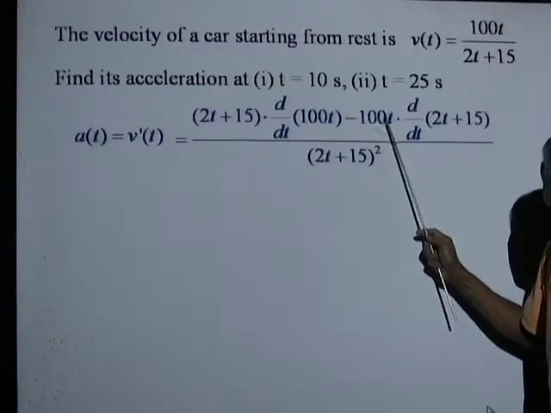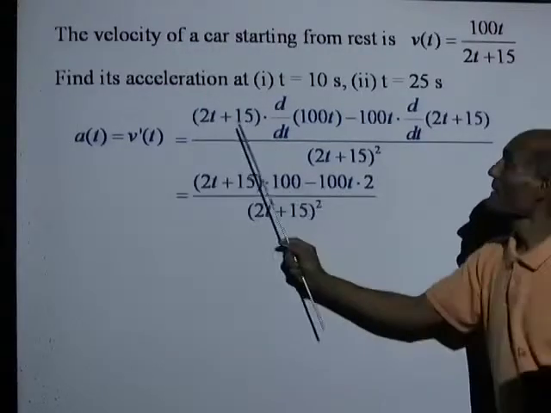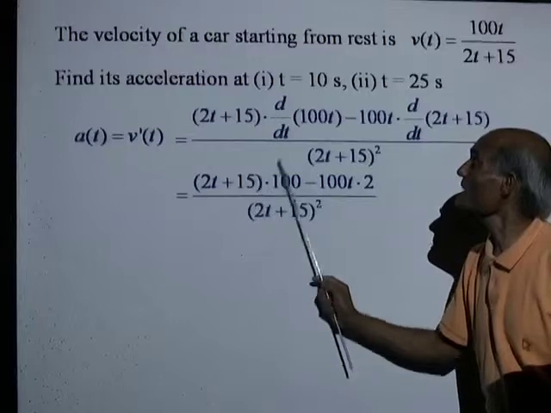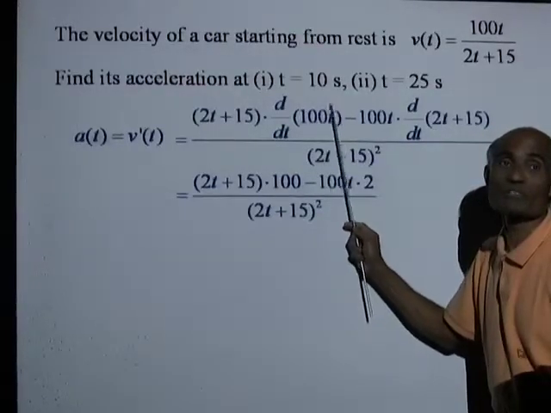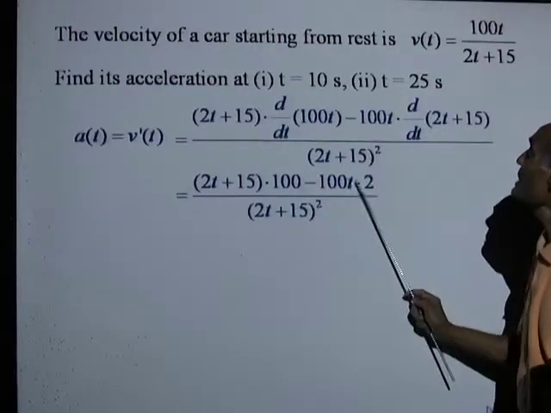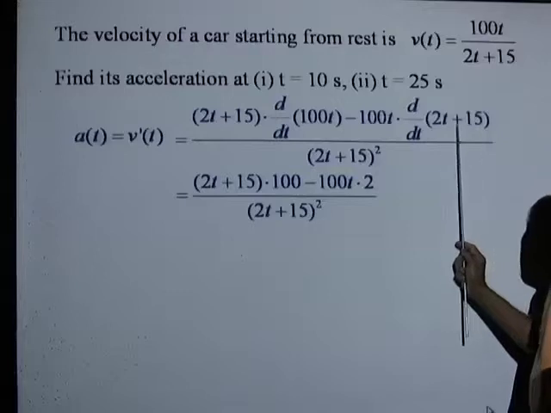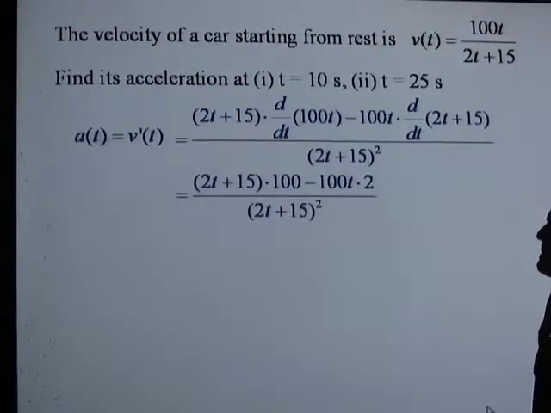So that will be 100t times 2. Let's write that down: (2t plus 15) times 100 minus 100t multiplied by 2, all over (2t plus 15) all squared.